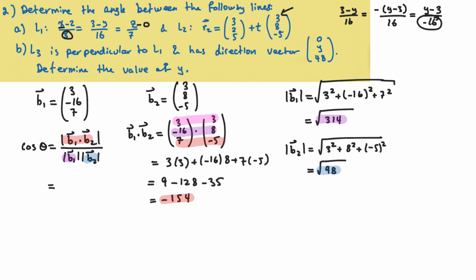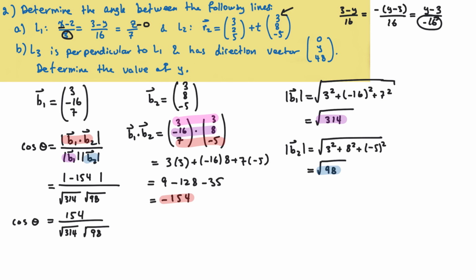So cosine of theta is the absolute value of negative 154 divided by root 314 and root 98. We have the absolute value, or the modulus, of negative 154, which means we take the positive value there, and divide that by root 314 and root 98.